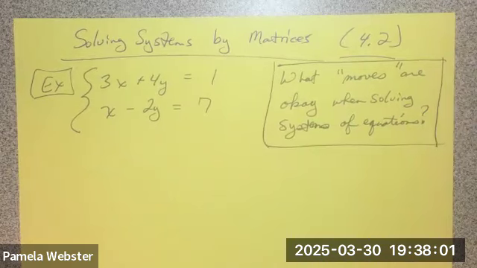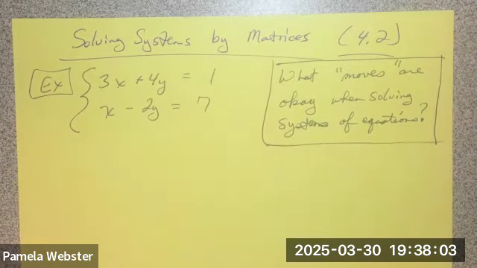That's the one I like. The moves are important, because if it's okay for me to do it when solving a system using the equations, then when we get to matrices, it'll be okay to do that move when we do matrices.